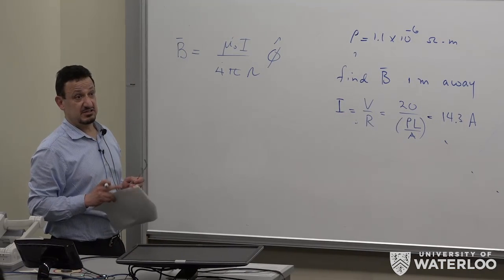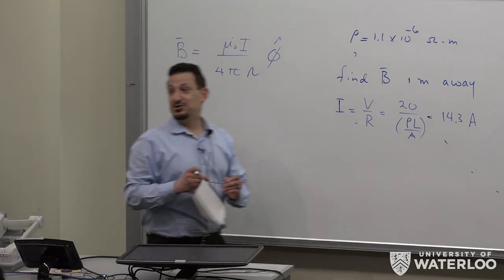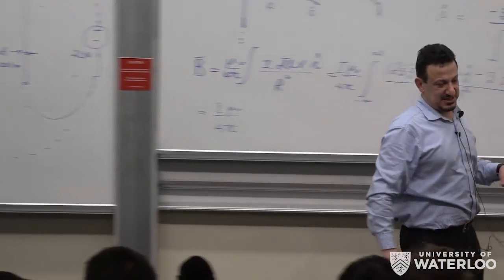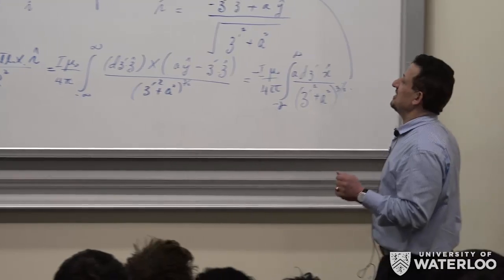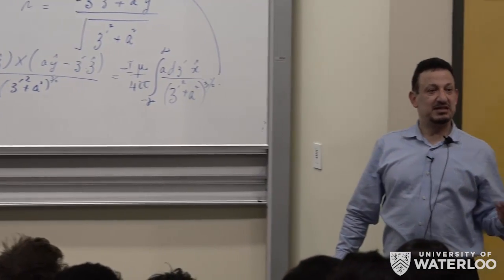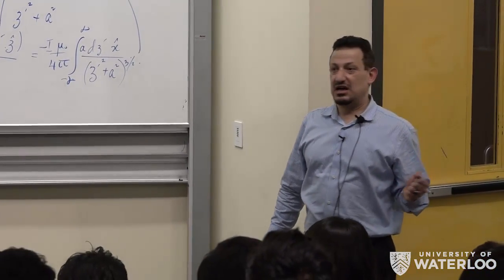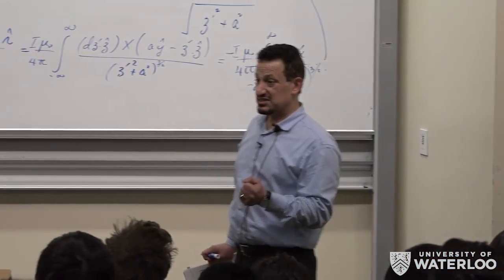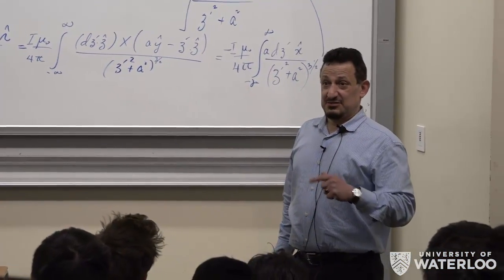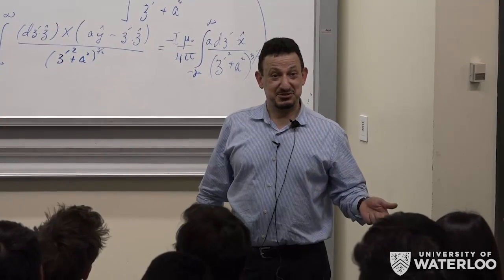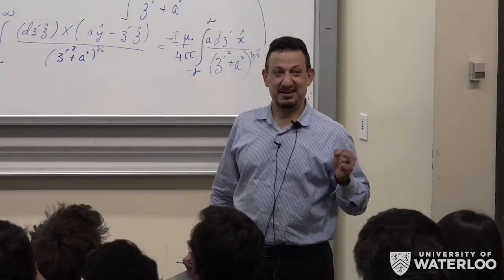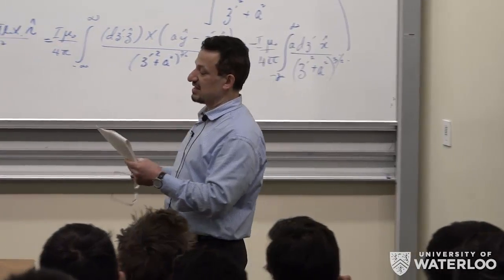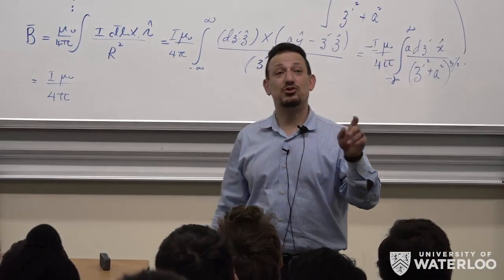That's a very, very high current. In reality, I know you guys are going to get back at me and say, what an example, I thought we were engineers. Yes, if you get a 20 volt battery, a good battery, let's say a car battery, and you connect it to a wire like this, what will happen? It will start dying soon. Because the resistance, if you do the math, is 1.4 ohm.